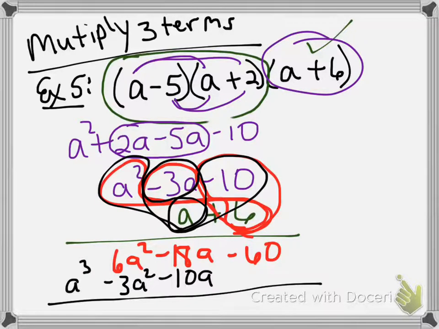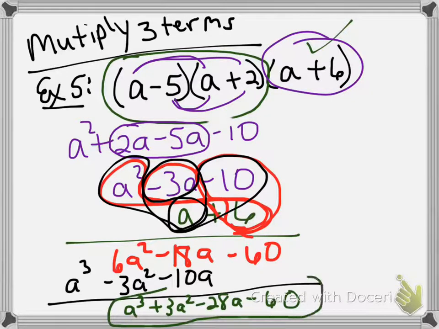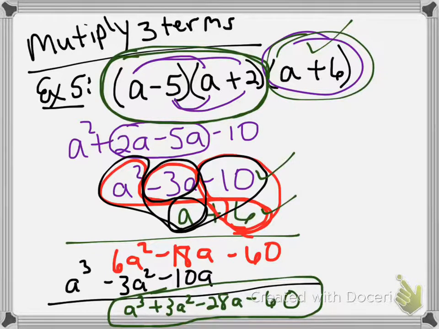And I'm going to add these together, which is going to give me negative 60, negative 28a, positive 3a squared, and positive a cubed. So when you multiply 3 terms, you do the first 2 terms first, and once you simplify that, then you multiply by the third term and get your answer.